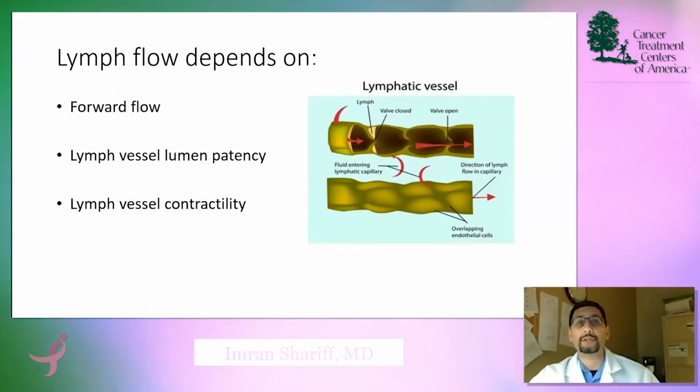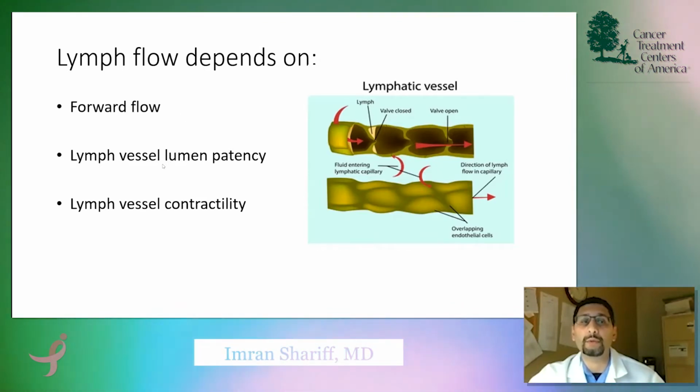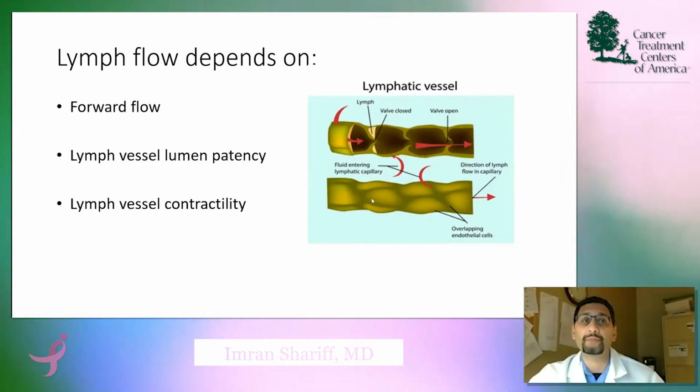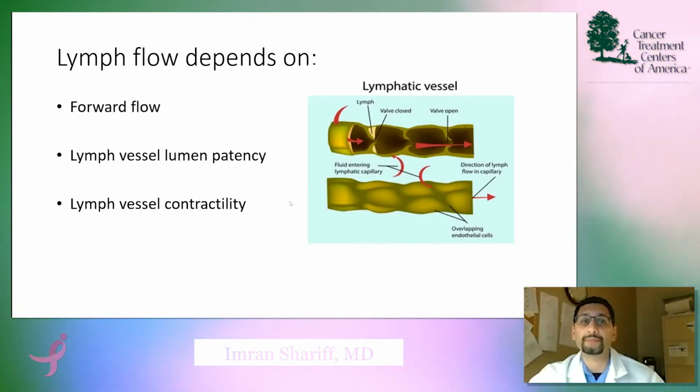So when we look at imaging, remember, we're looking for any impedance to forward flow. We're looking for any narrowing of this lumen area. And we're also looking at the decreased contractility of the lymph vessel. One or all these things have to be involved in order to cause lymphedema.